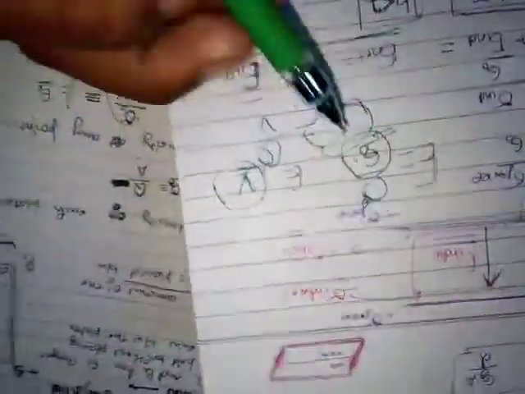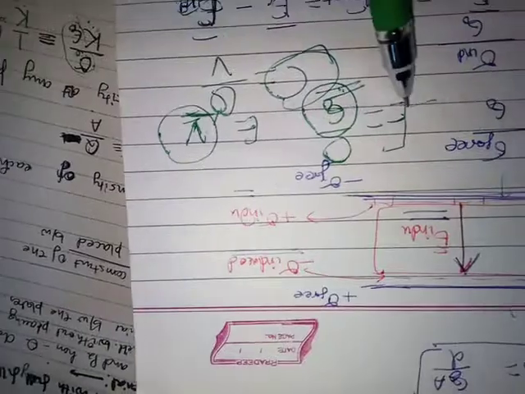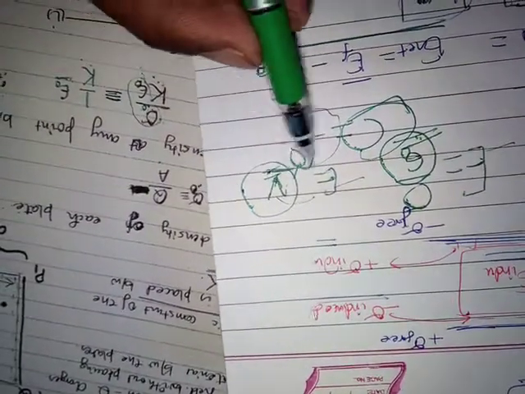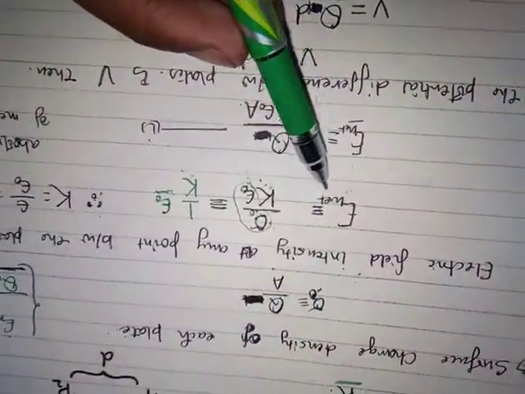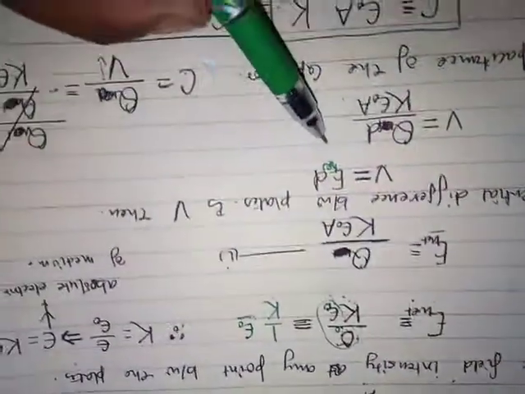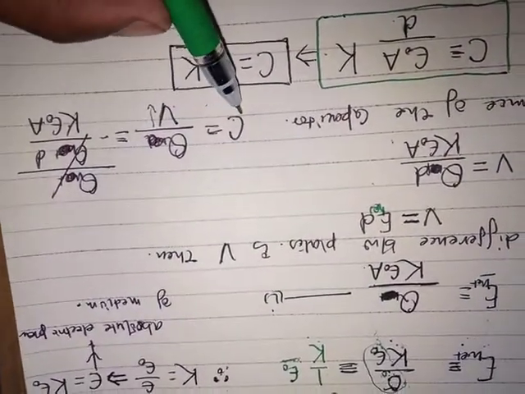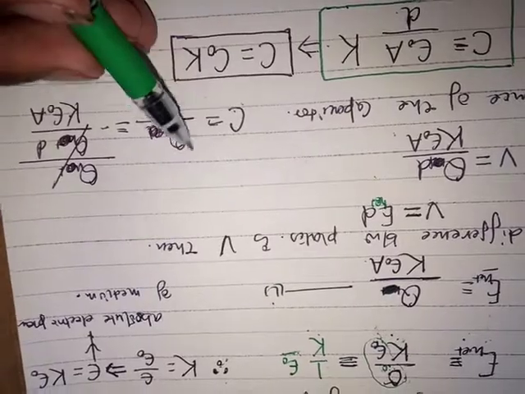This is our traditional way I was talking about earlier: first we calculate E, then V, and the value of V is placed in the capacitance formula, C is equal to Q upon V.